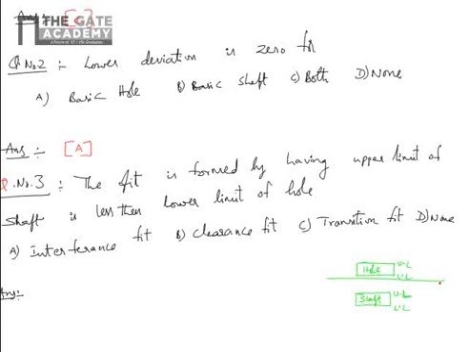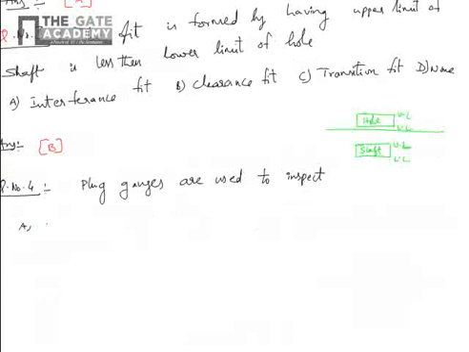Next question. Question number 4. Plug gauges are used to inspect option A, shaft, option B, hole, option C, both, option D, none.